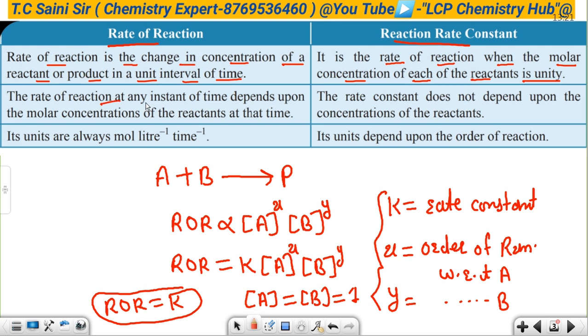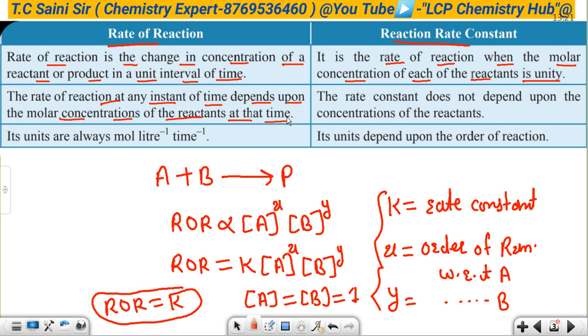What is the second difference between rate of reaction and reaction rate constant? The rate of reaction at any instant of time depends on the molar concentration of the reactants at that time. That means rate of reaction is directly proportional to concentration of reactants.